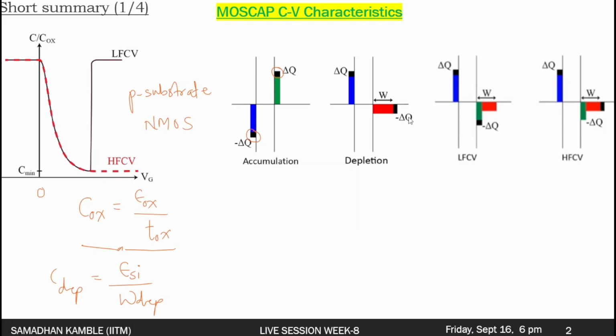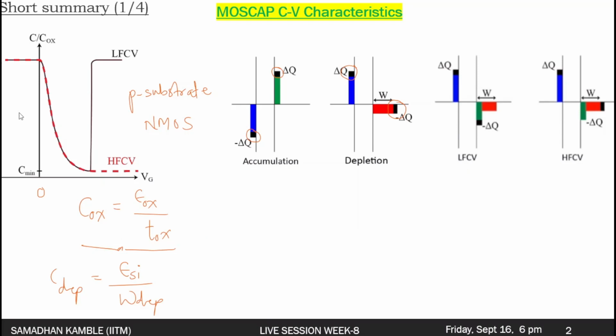You can see that the balancing charge in the depletion case appears at the edge of the depletion region, and it is a function of the depletion width now. So it is not purely geometric. When we change the depletion width, the capacitance of the depletion changes, and it is inversely proportional to the width, as you can see.